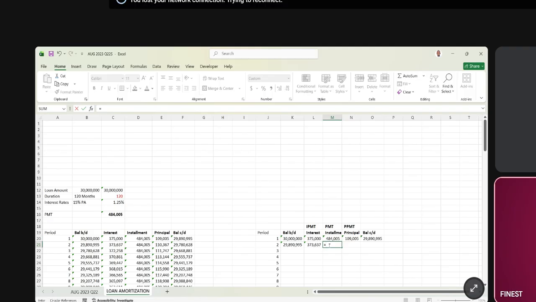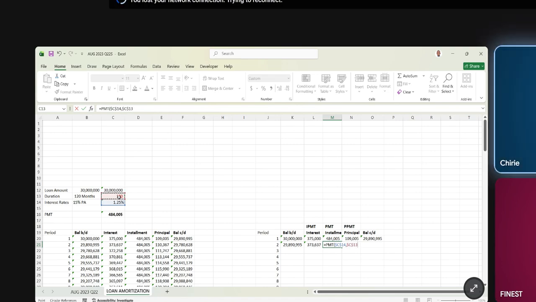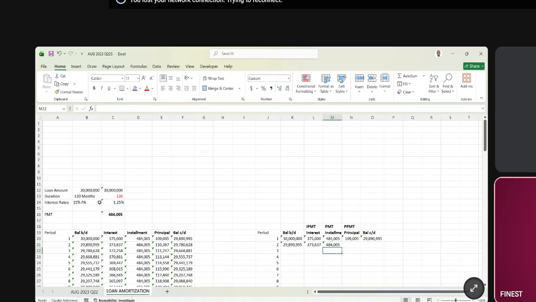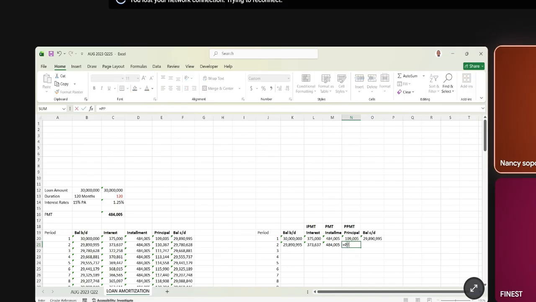For PMT, I can do equal sign PMT. The rate is here, I lock, comma. The number of periods is here, I lock. The PV, negative, this I lock. So for PMT you lock everything. PPMT is the same as IPMT.